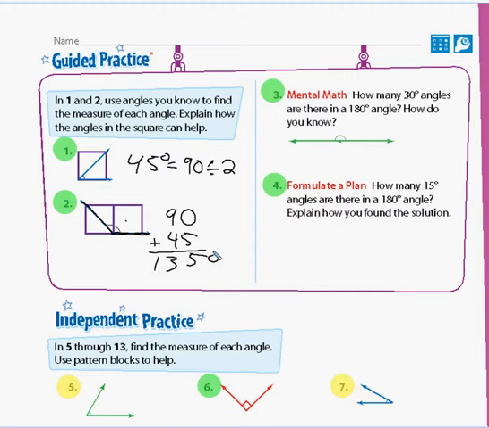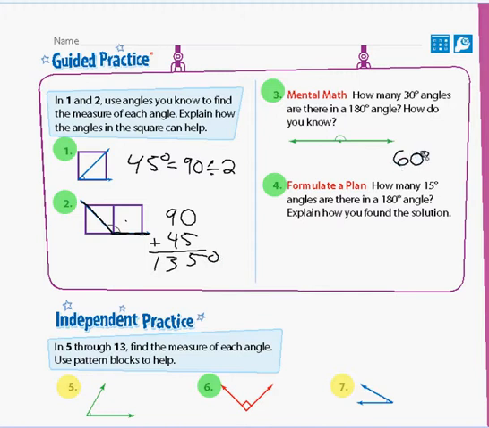Okay, number 3. How many 30-degree angles are there in 180 degrees, and how do you know? So basically, we figure out how many times 30 is going to go into 180, and we know 3 goes into 18 6 times.